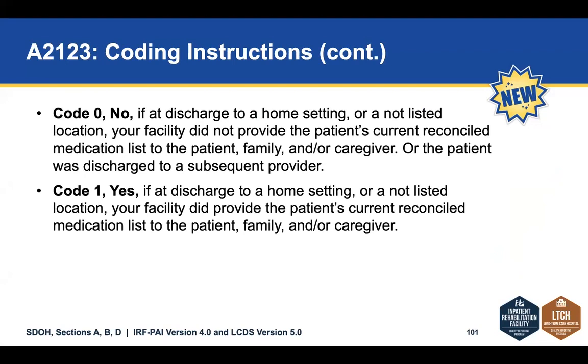The assessor would code 0, no, if a patient was discharged home or to a not listed location, and the facility did not provide the patient's current reconciled medication list to the patient, family, and or caregiver, or the patient was discharged to a subsequent provider. If the patient was discharged home or to a not listed location and the facility did provide a current reconciled medication list, the assessor would code 1, yes, and then move to complete the next data element, A2124, route of current reconciled medication list transmission to patient.